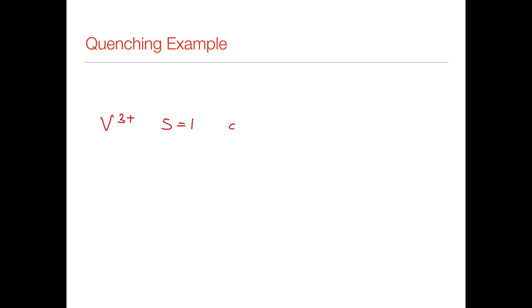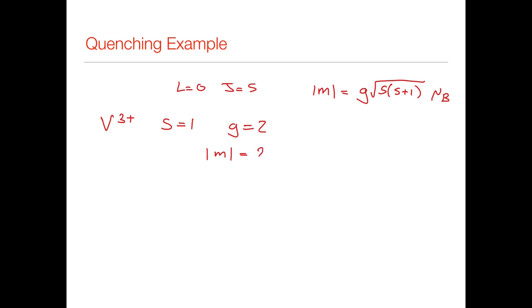We know now the g factor is 2 because this is pure spin, and so the magnetic moment is going to be g times the square root of S(S+1) times mu B. Remember here that L is 0 and J is just equal to S. So if we do that, we get that the magnitude of M is equal to 2 times the square root of 1 times 2, times mu B, which is 2.8 mu B, and experimentally, 2.8 mu B.